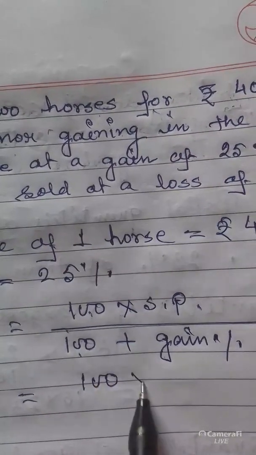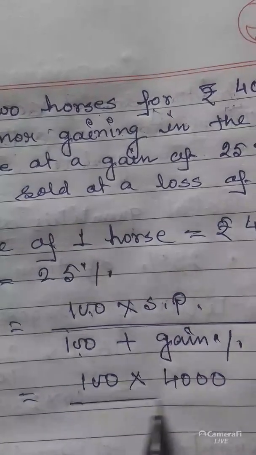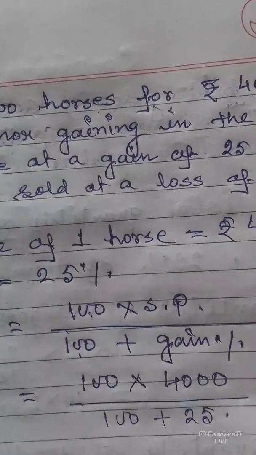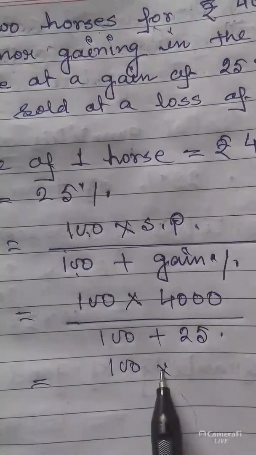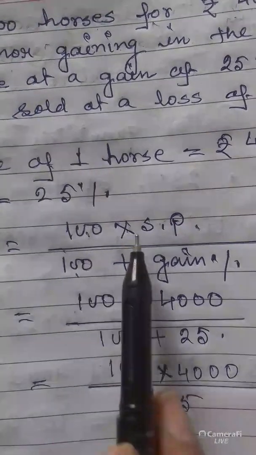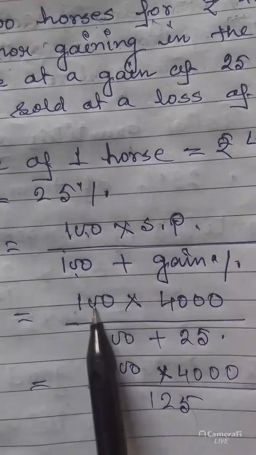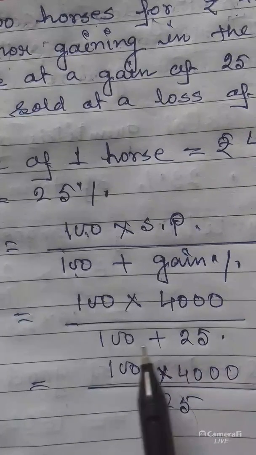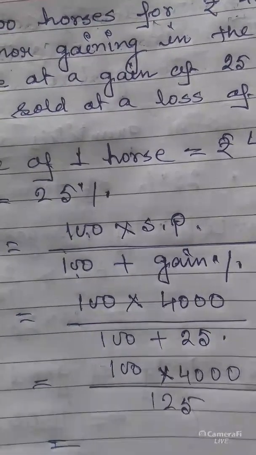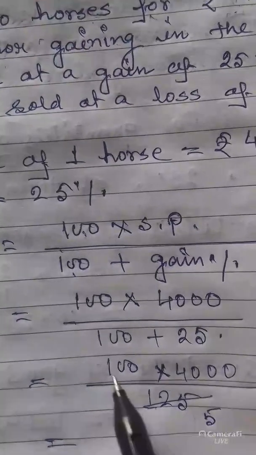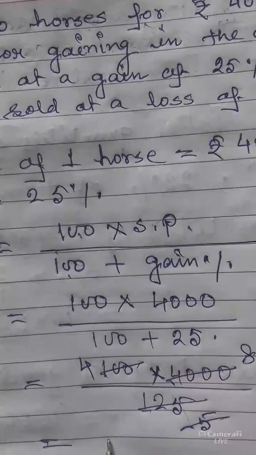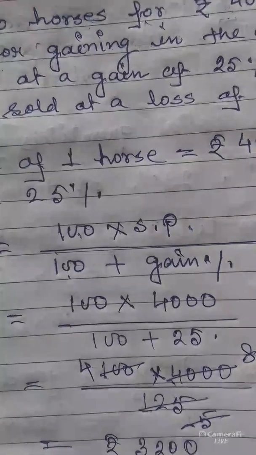Now here SP is 4,000 and 100 plus gain means 125. So CP equals 100 into 4,000 by 125. 25 5s are 125, 25 4s are 100. 5 8s are 40, so 800. 800 into 4 means rupees 3,200. CP equals rupees 3,200.